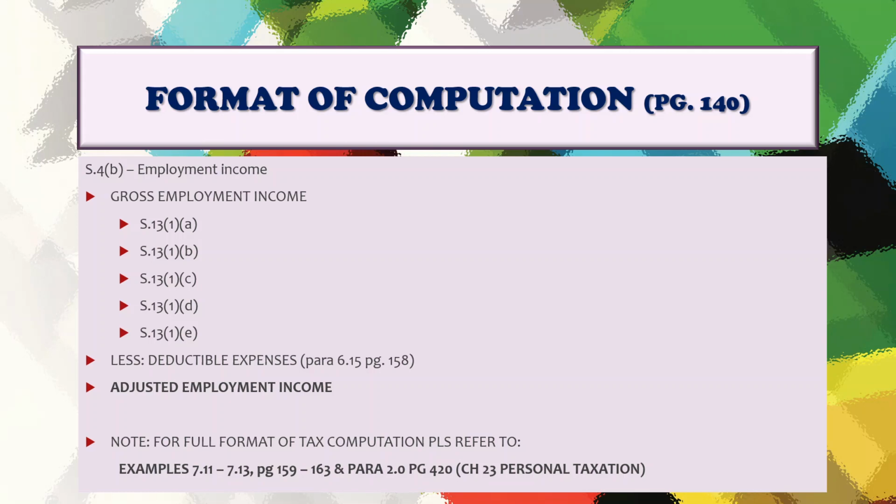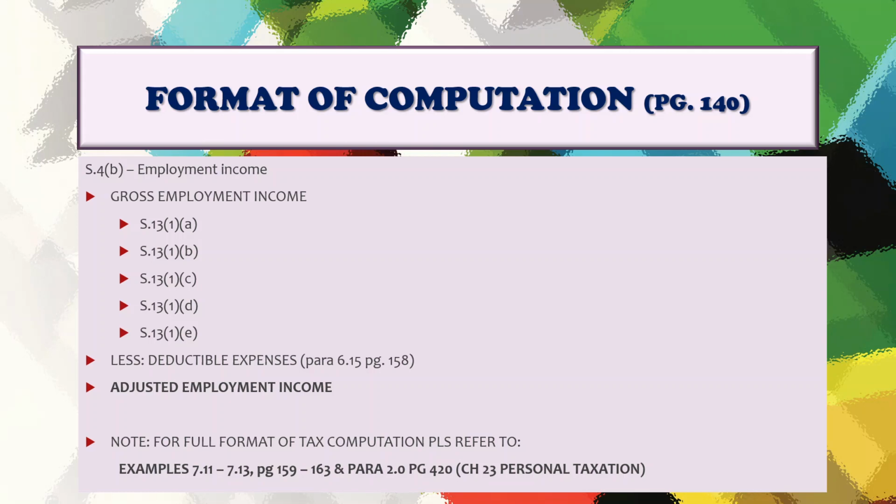That will give you total gross employment income, minus deductible expenses. For employment income, there are not that many expenses that can be deducted, but of course there are a few. What are those few that can be deducted?